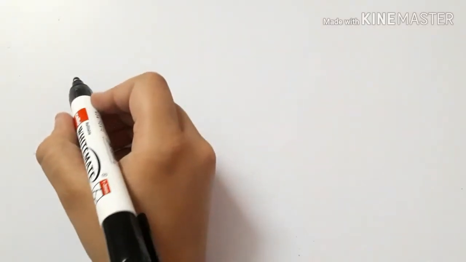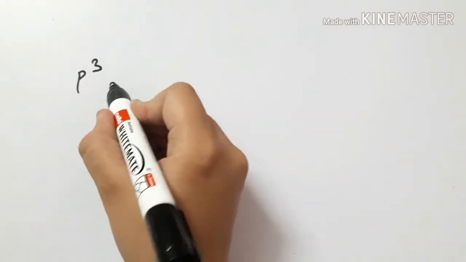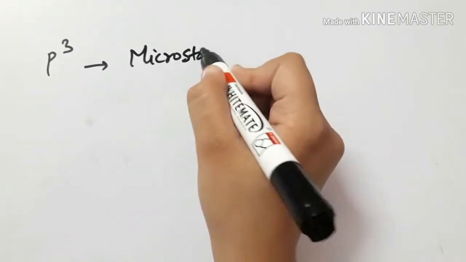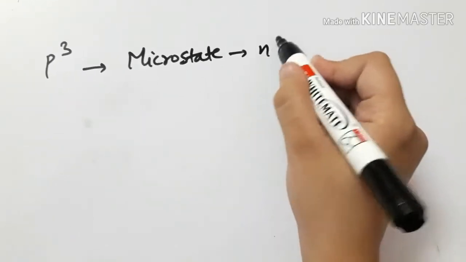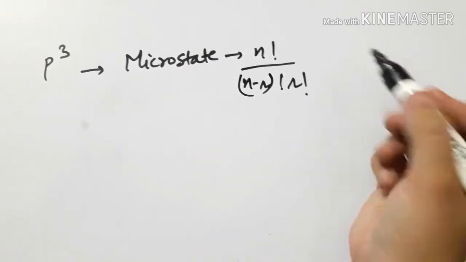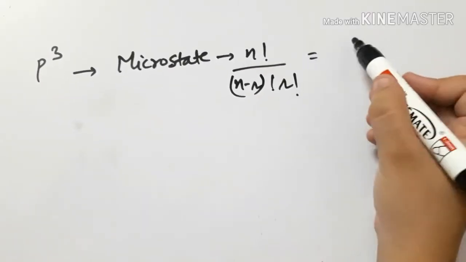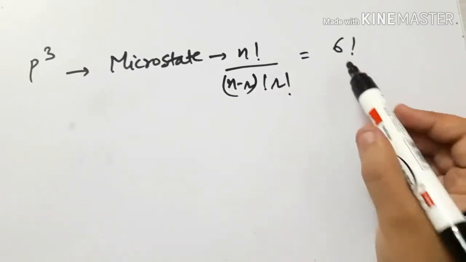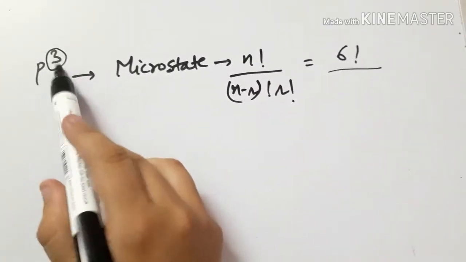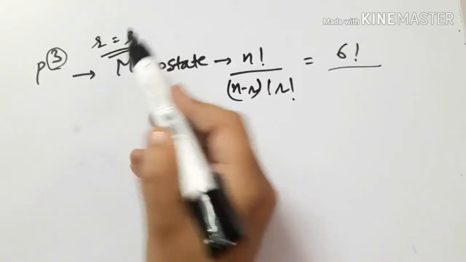Now let's take the other example of p3. So finding the microstate for p3, we have n factorial upon (n minus r) factorial and r factorial. So n for p is 6, as we have already discussed, and r is 3, that is given.